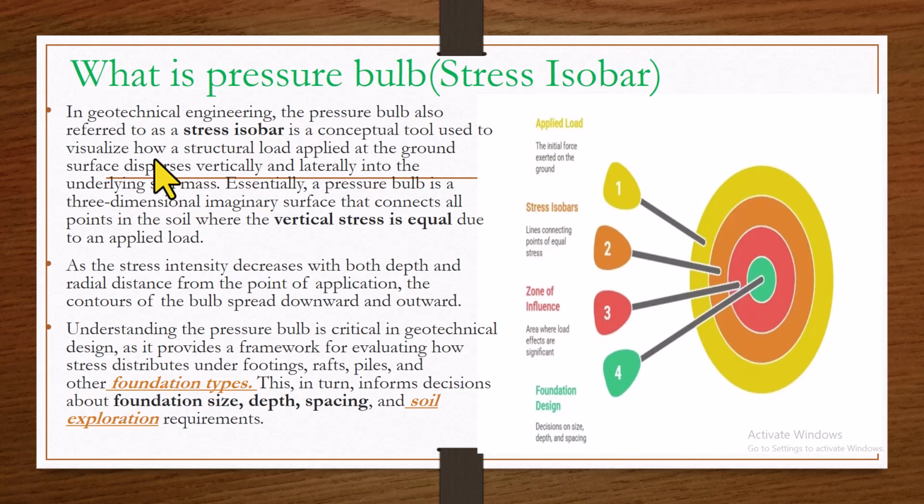So from that definition, you have to take a keyword, the word tool. It is something that helps us to understand or do something, right? Because a tool is something that is used to achieve a particular thing. So actually, a pressure bulb is a conceptual tool that is used to visualize.